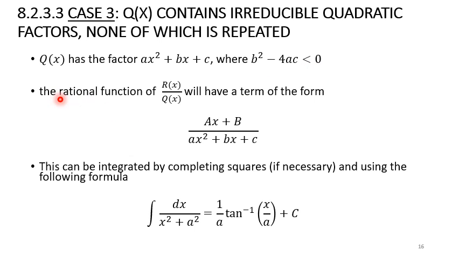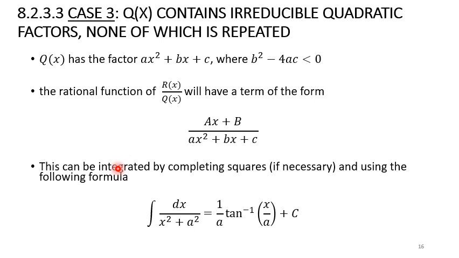In this case, the rational function R over Q will have a term of the form like this: a linear function as the numerator divided by the irreducible quadratic factor of the denominator. If you have something like this, you can integrate by completing the square if necessary and using the following formula.